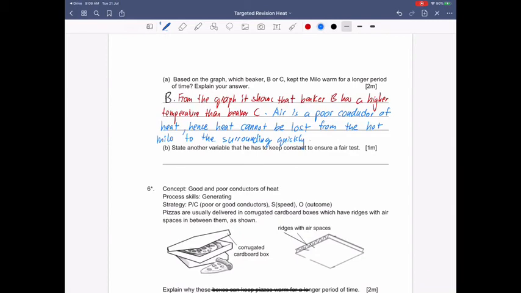So once again, you see in my answer, I have talked about air is a poor conductor of heat. This is something that's new, but the element of talking about a transfer of heat, that it cannot be lost, and the element of talking about direction from the hot Milo to the surrounding is still there. And actually the outcome is part of it also, which is this part.